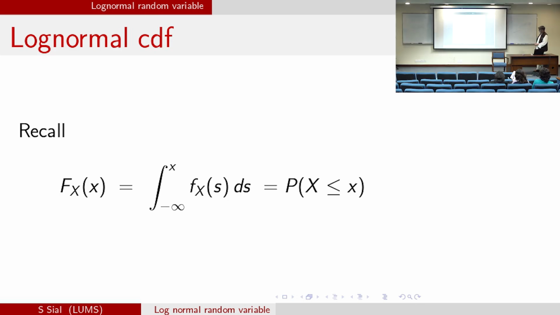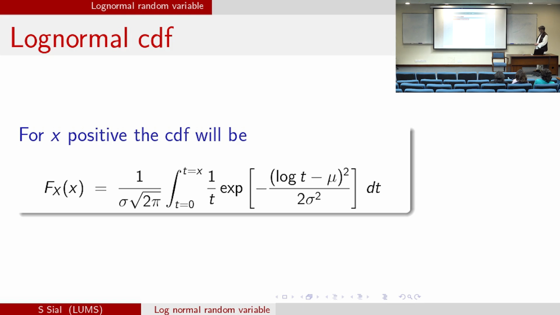That's given by integrating the PDF from minus infinity to x. So we have to integrate to get the CDF value at x for x positive. We integrate from t equals minus infinity to x, but from minus infinity to 0 the PDF is 0 anyway, so we only need to integrate from t equals 0 to t equals x.